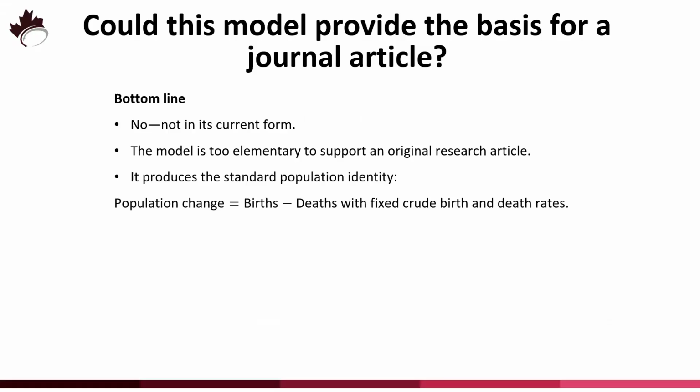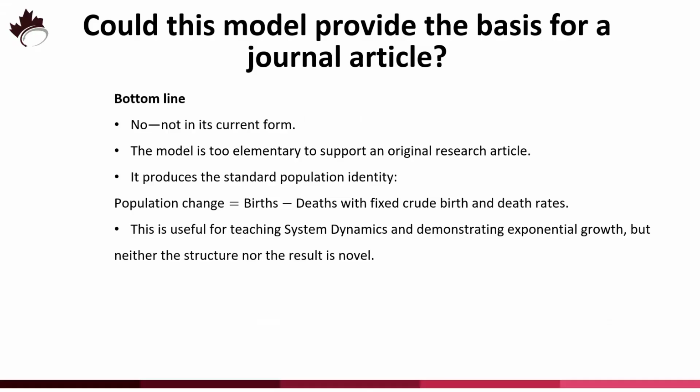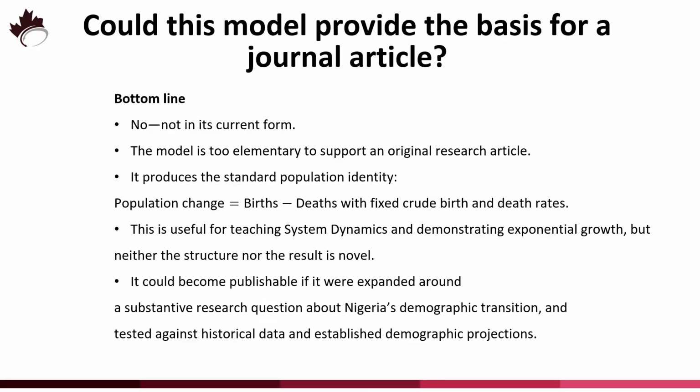It produces the standard population identity: population change equals births minus deaths with fixed crude birth and death rates. This is useful for teaching systematics, as I did in my textbook, and demonstrating exponential growth, which I did, but neither the structure nor the result is novel. It could become publishable if it was expanded around a substantive research question about Nigeria's demographic transition and tested against historical data and established demographic projections.